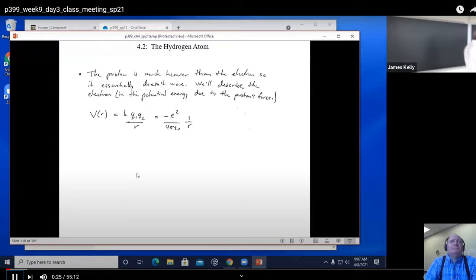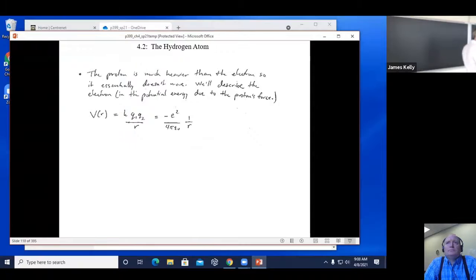Still appears, right? We've already got the theta and phi dependence from the spherical harmonics. As long as your potential is only a function of r, that work is done. And now the only remaining work is to put in your potential into the radial equation. So here we're talking about the potential energy between an electron and a proton. That's a hydrogen atom, right?